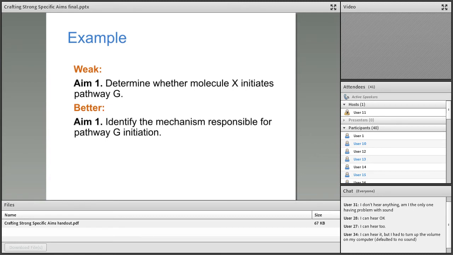So better to design the aim so that the product is the identification of the mechanism responsible for pathway G initiation, whether that mechanism ends up involving molecule X or some other molecule. So I'll say more later about the wording of this type of aim statement, but for now my message is to plan each aim so that it has a useful outcome, no matter what, not a single outcome that's necessary for the project to be considered a success.